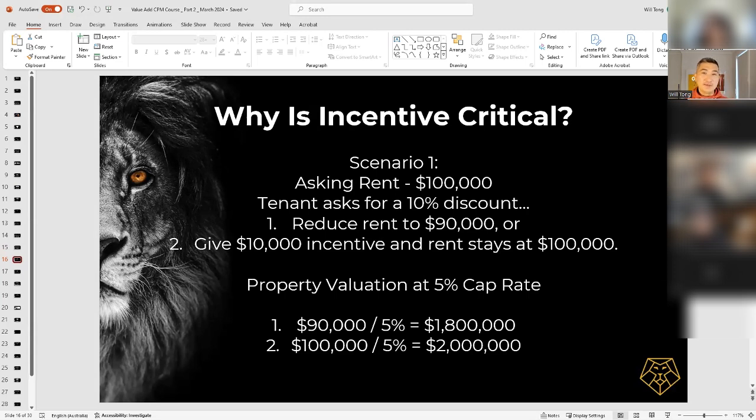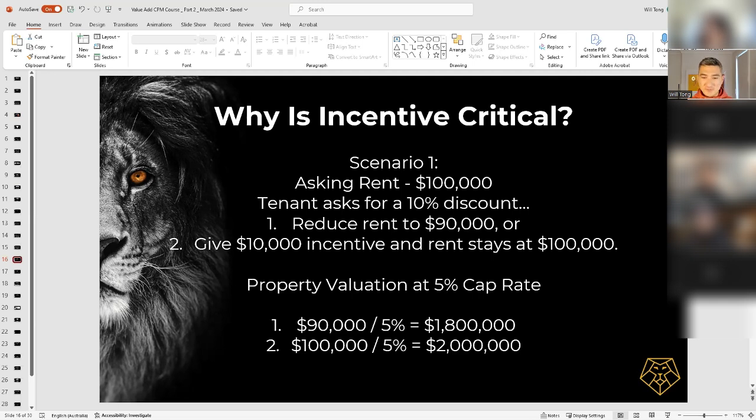However, in scenario two, if you offered the tenant the 10% incentive but kept the face rent at $100,000, come valuation day your property is now valued at $2 million. The big difference: even though you're paying the tenant $10,000 on the side, you're still netting far more than what you would have been netting if you had discounted the rent altogether.